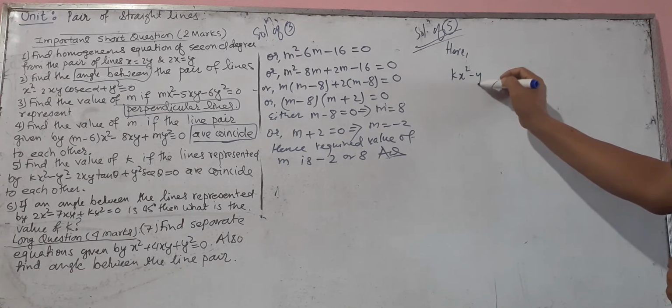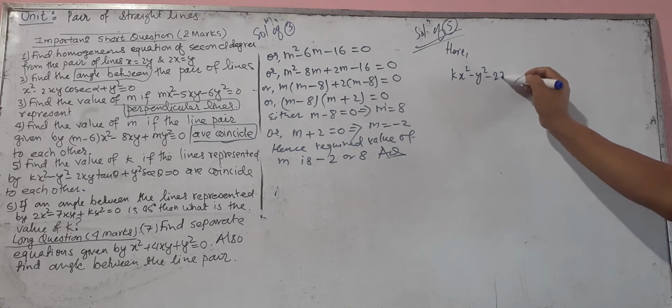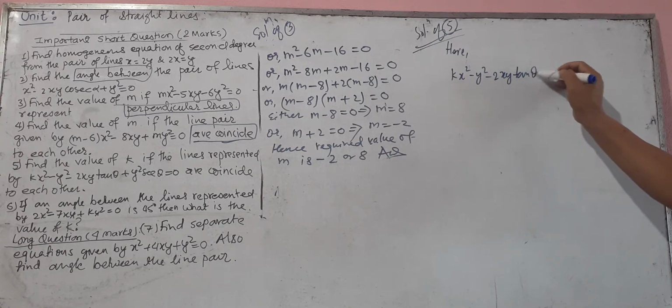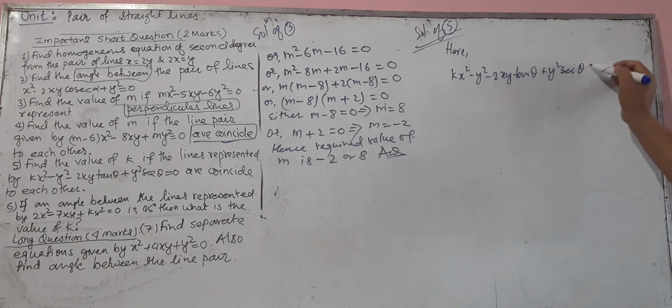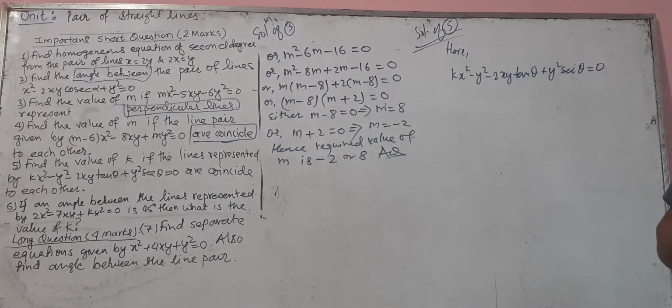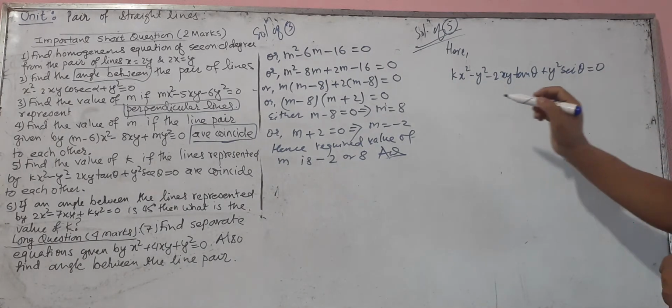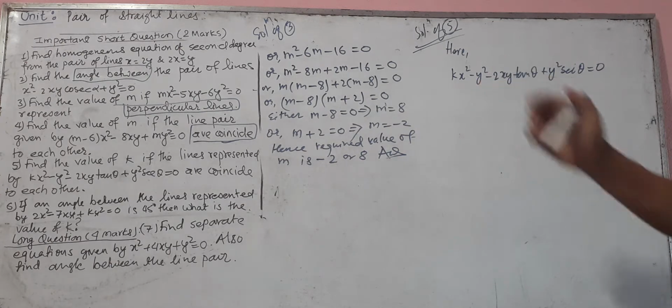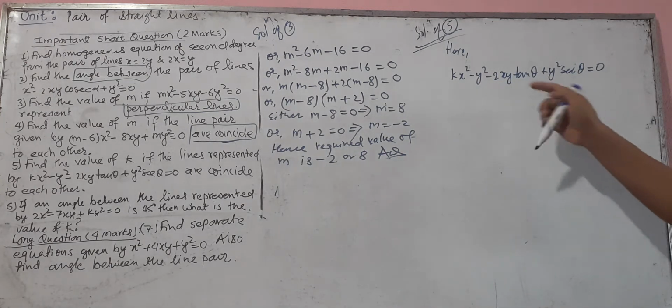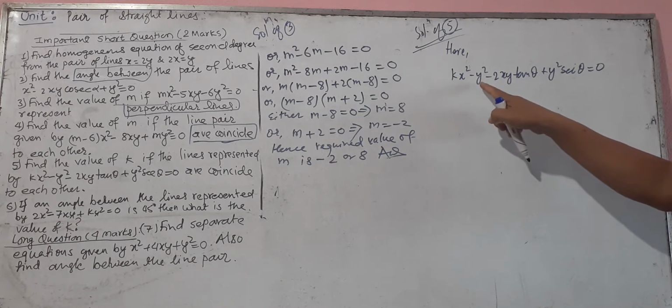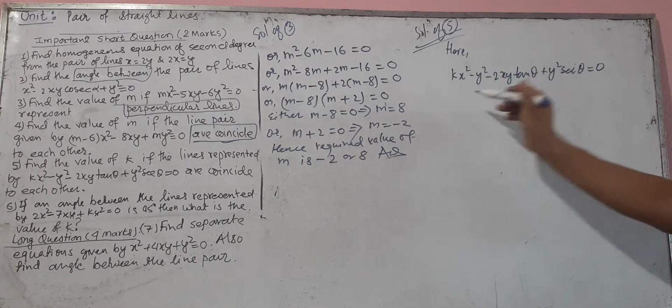kx square minus y square minus 2xy tan theta plus y square sec theta equal to 0. Okay, so rewriting to the general form of homogeneous equations, we have to take y square common.